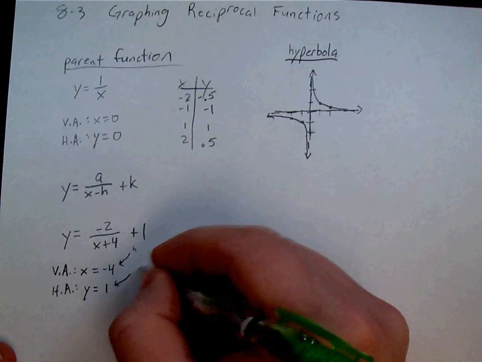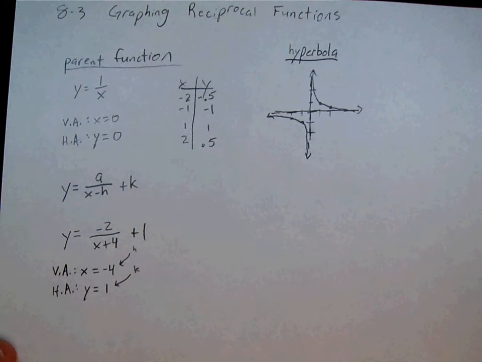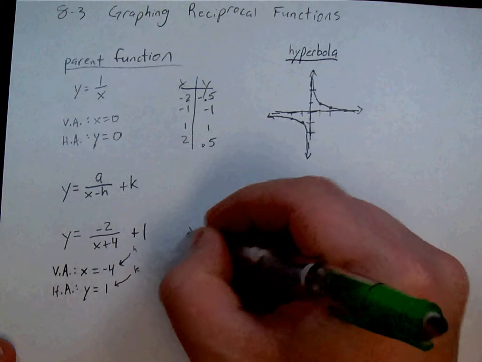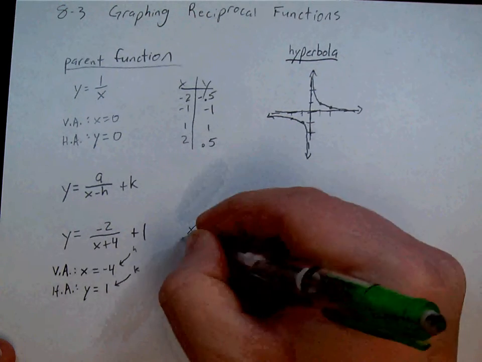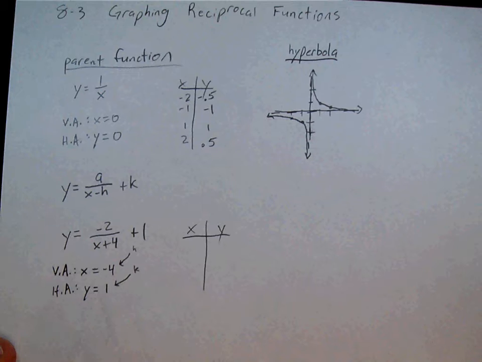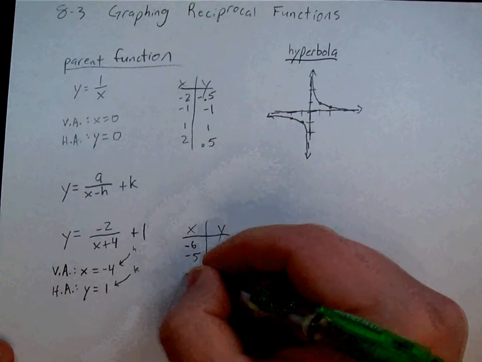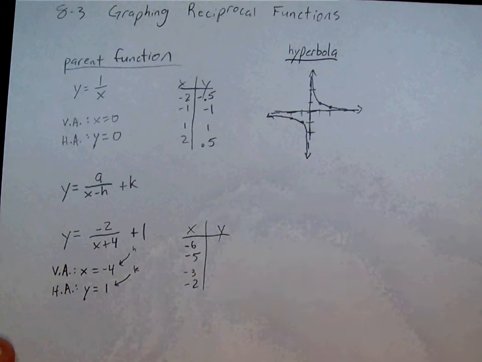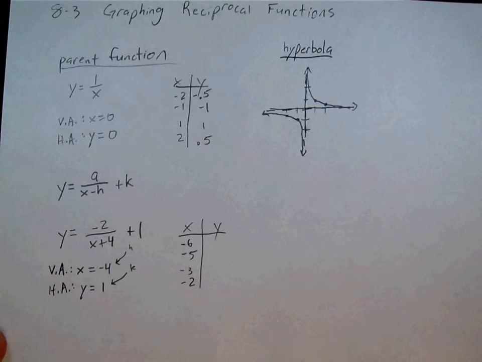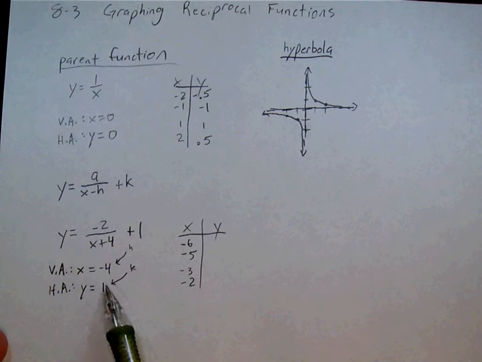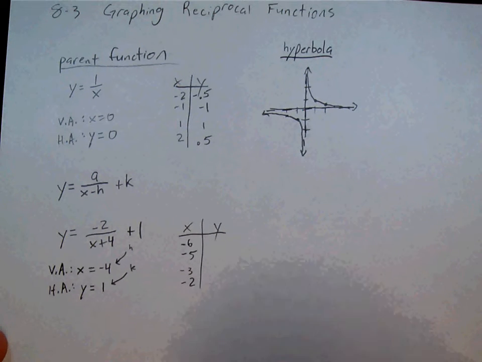And my k value determines the horizontal asymptote. So if I do a table of values, I'm going to surround negative 4. I'm going to do some numbers to the left of negative 4, some numbers to the right of negative 4. So I want both branches of the hyperbola. I don't want to pick 0, 1, 2, 3, 4, or something like that, because they're all in the same branch. That doesn't really help me.